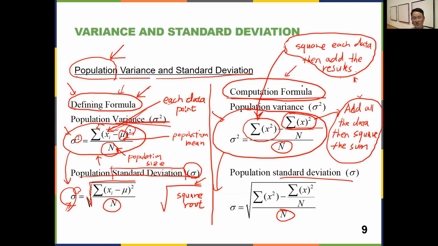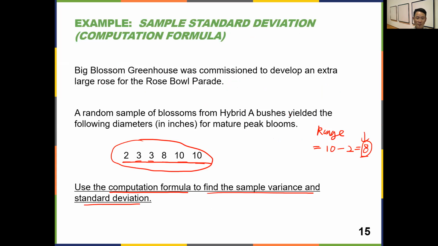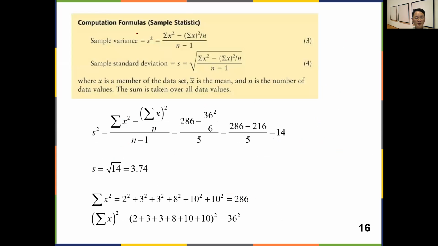If it's population data, we are going to use this formula. It says it right here: following sample. This is sample data. So I just rewrote the sample variance formula right here and the sample standard deviation formula right here. So this is how it works.